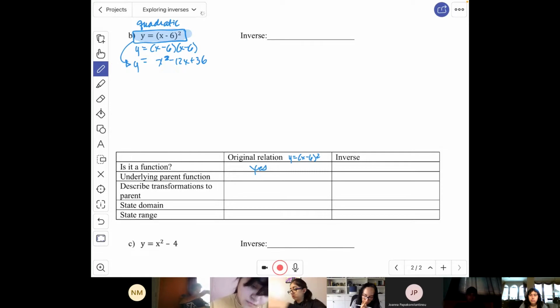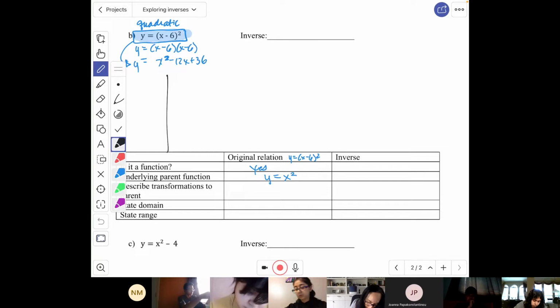What is the underlying parent? It's just y equals x squared, plain old y equals x squared. That is your underlying parent.